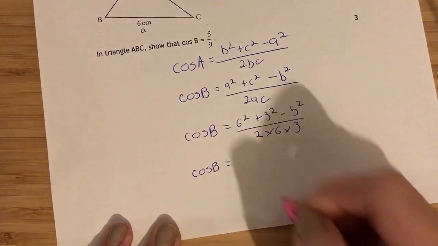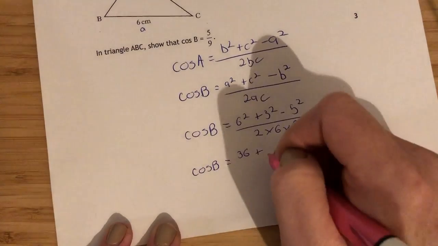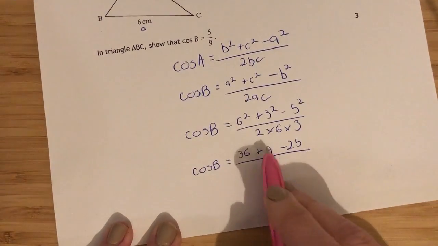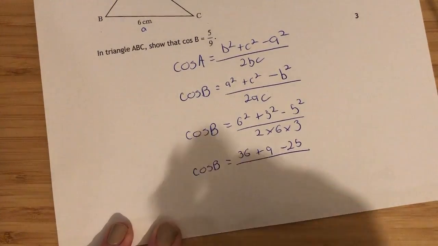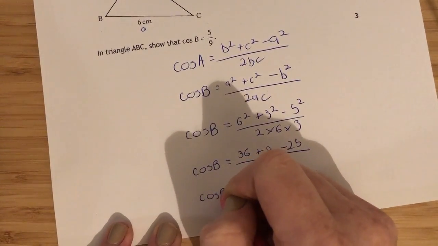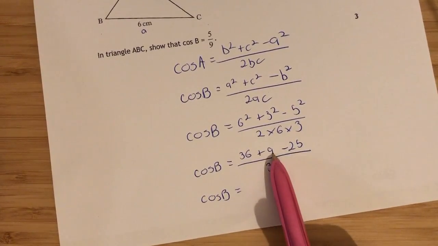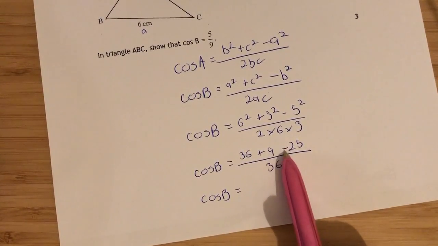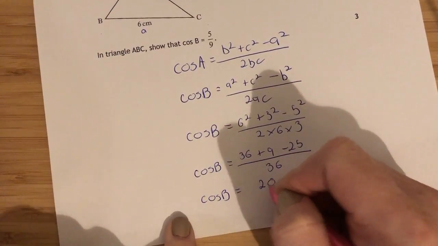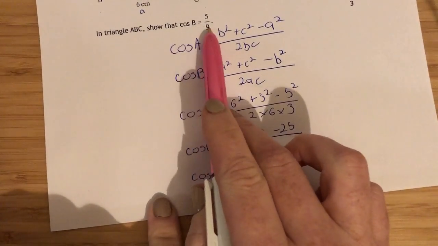So cos B equals 6 squared is 36, 3 squared is 9, minus 25, over 2 times 6 is 12, times 3 is 36. Alright, we're getting closer to cos B equals something. 36 plus 9, 45, minus 25 is 20, over 36.